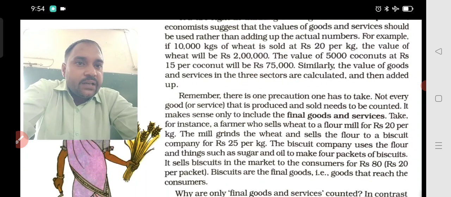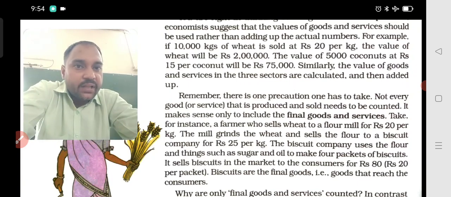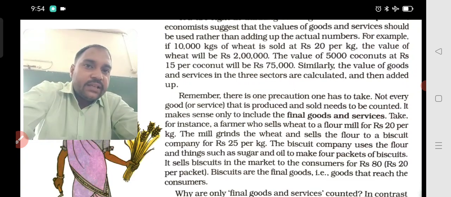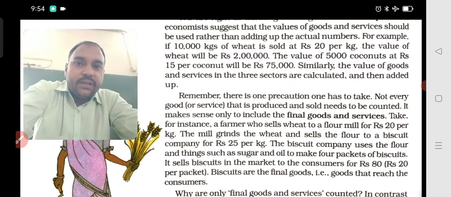Remember, there is one precaution that has to be taken. Not every good and service that is produced and sold needs to be counted. It makes sense only to include the final goods and services. Okay, let me explain this with one more example.